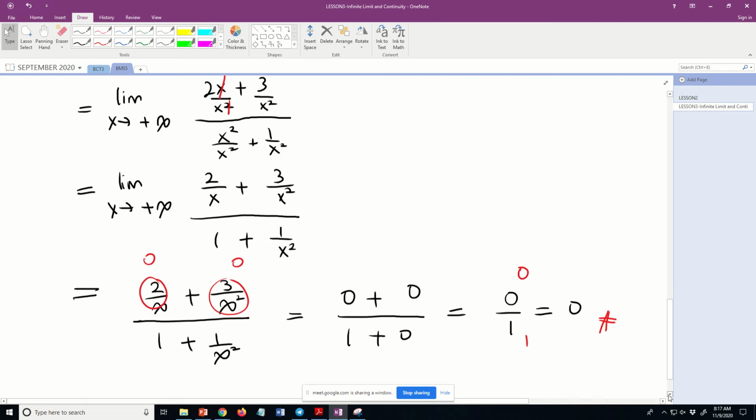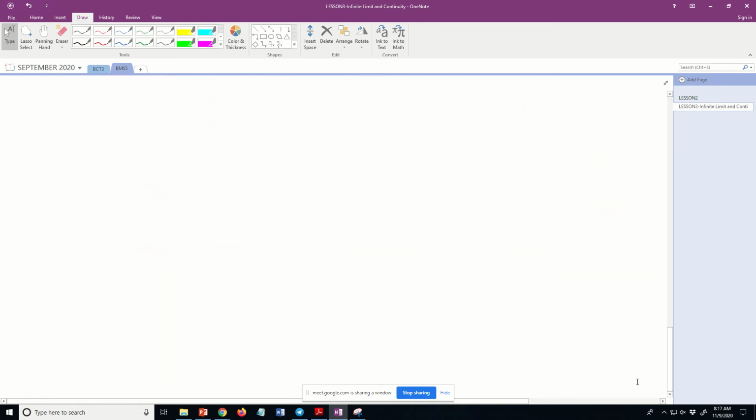Okay, try question 5. So limit number 5. Limit x approaches positive infinity of 5x cubed plus 1 divided by x plus 1.